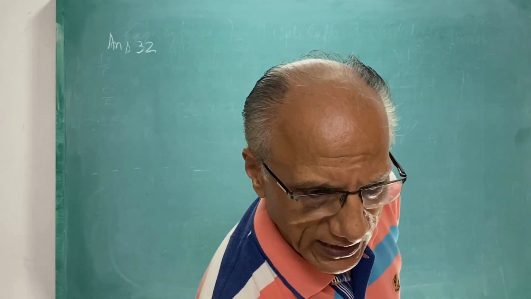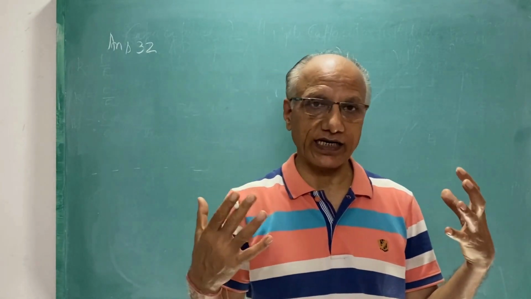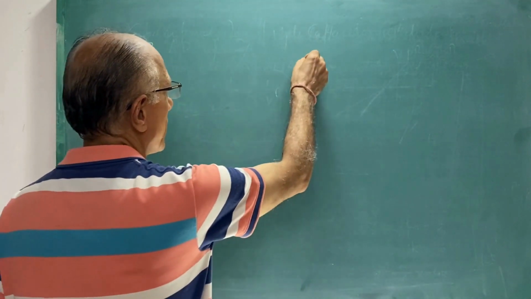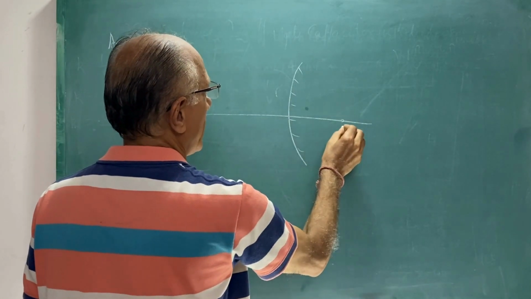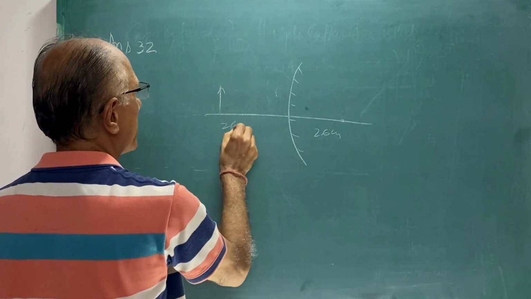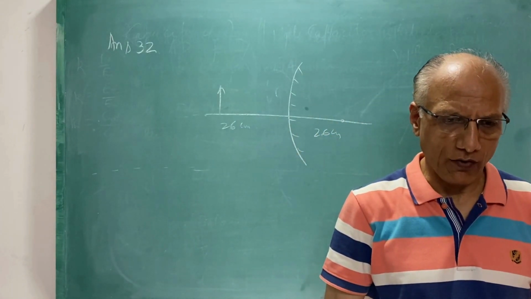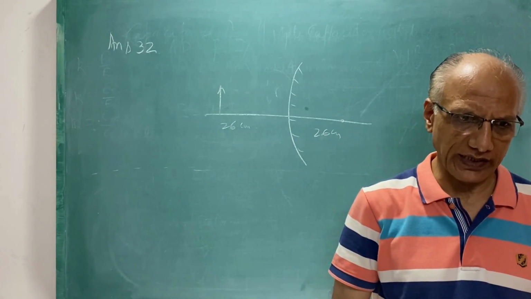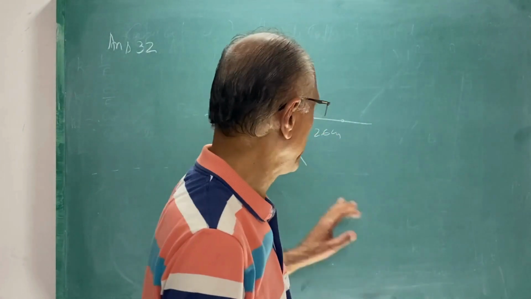So here the assertion: a point object is placed at a distance of 26 cm from a convex mirror of focal length 26 cm, the image will not form at infinity.